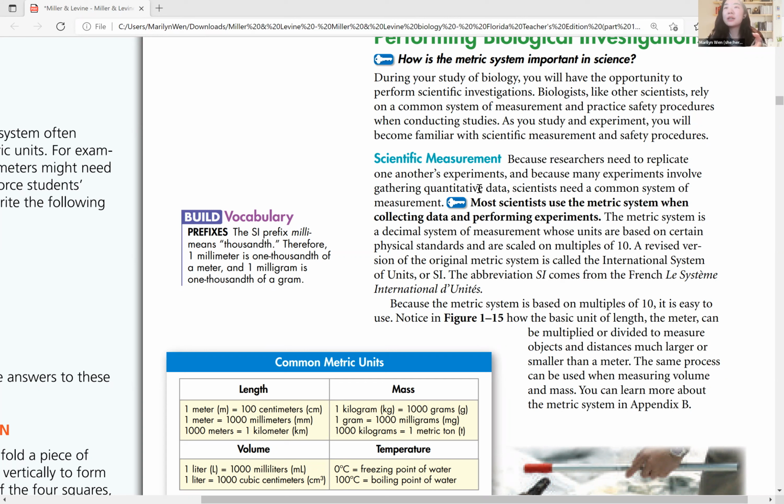It makes it so that when two different labs are doing experiments, they're using the same units, so that the measurements one lab gets can be replicated in another lab.